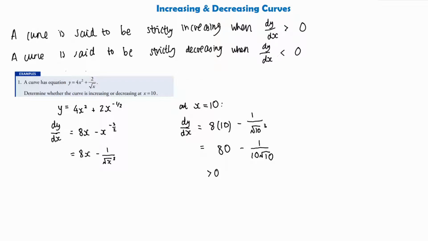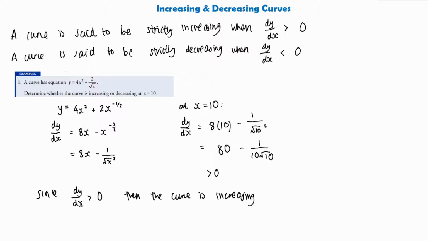So we'll finish off by writing a little sentence at the bottom by saying that since dy by dx is greater than 0, then the curve is increasing. And it's important to say what point it's increasing at.